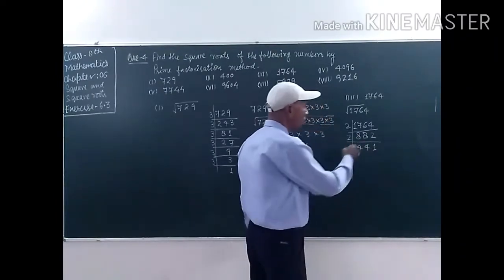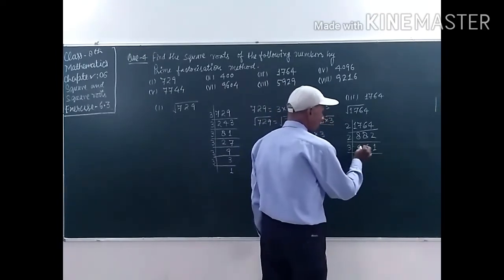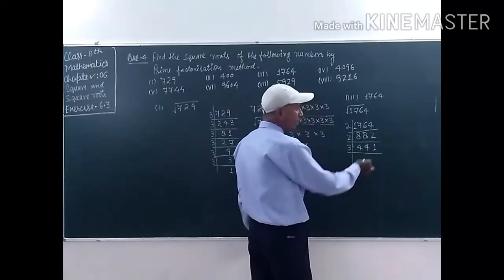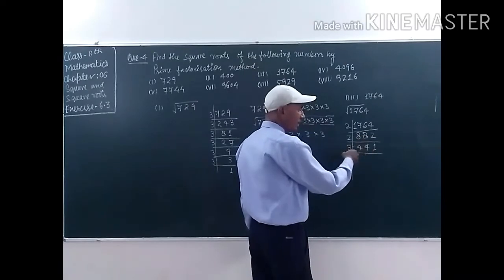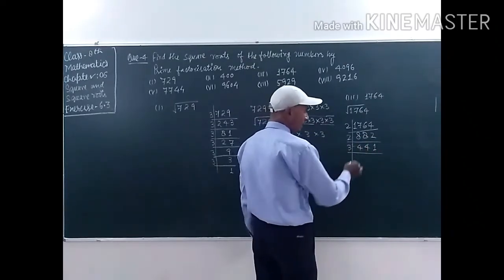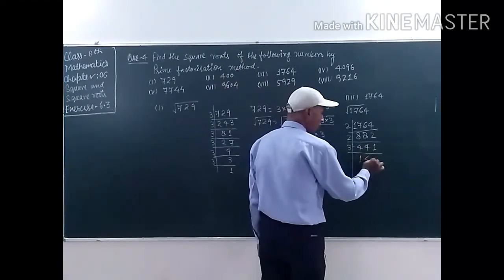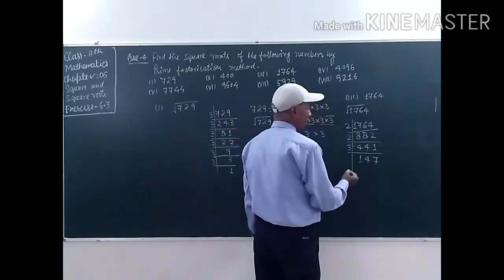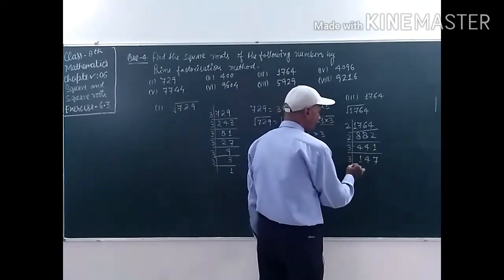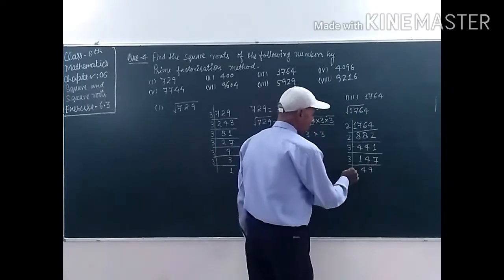Now we use the next prime number, 3, students. It is divisible by 3 because the sum of the digits is 9, and 9 is a multiple of 3. So 3 ones are 3, 1 left, 14, 3 fours are 12, 2 left, 21, 3 sevens are 21. Now again by 3: 3 fours are 12, and 27, 3 nines are 27.